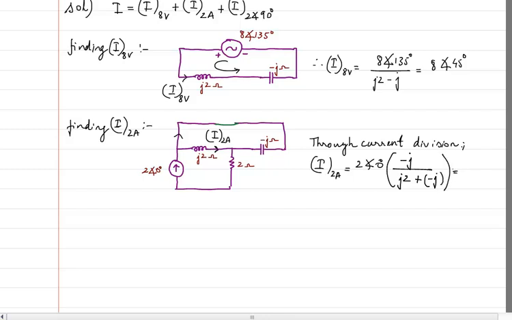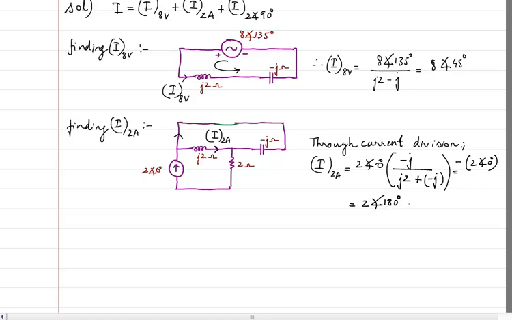We know that the denominator is going to be J, and J cancels off. What remains is minus, so minus of 2 angle 0 is the same as writing 2 angle 180 degrees.